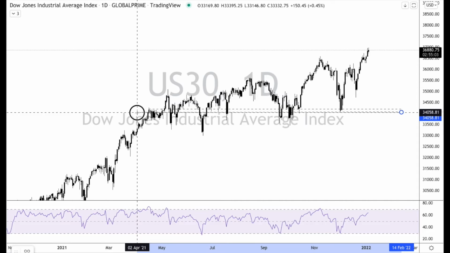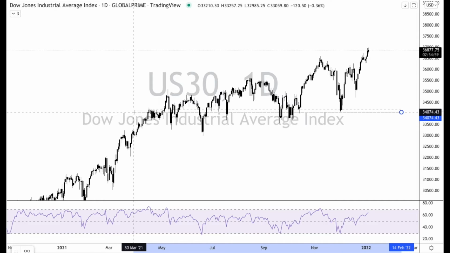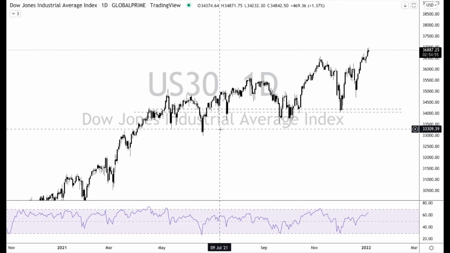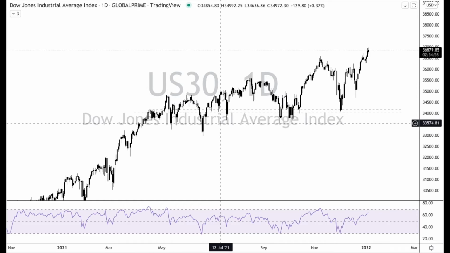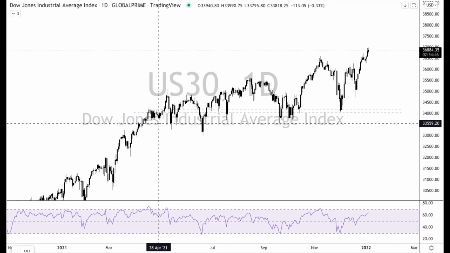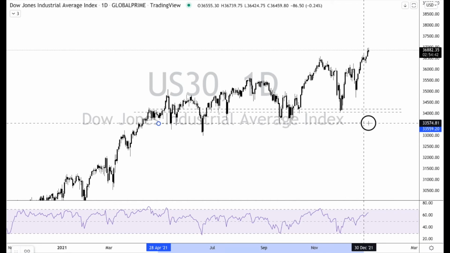Make sure it's straight. And then we have another price action level over here, right? Another price action level over here.